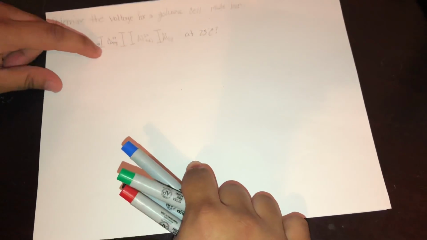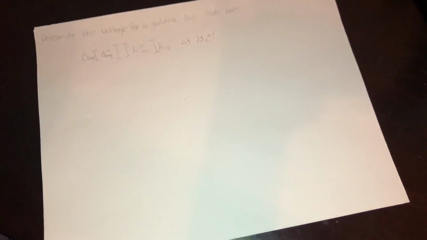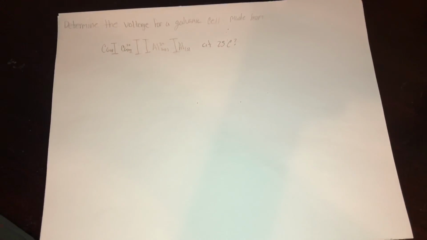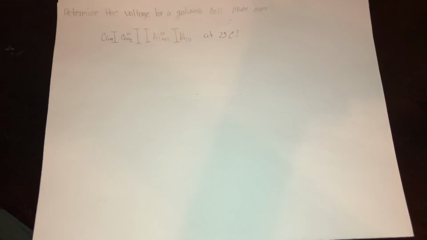Determine the voltage of a galvanic cell made from this reaction right here at 25 degrees Celsius. The first thing we have to do in this problem is set up our half reactions.